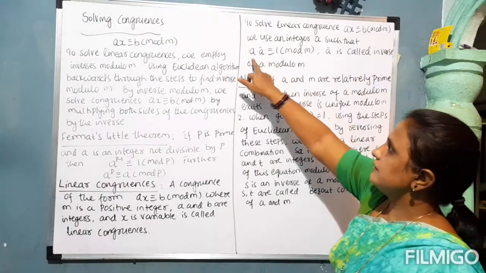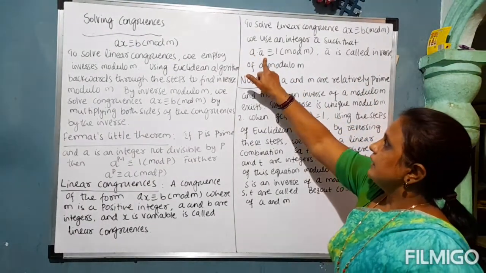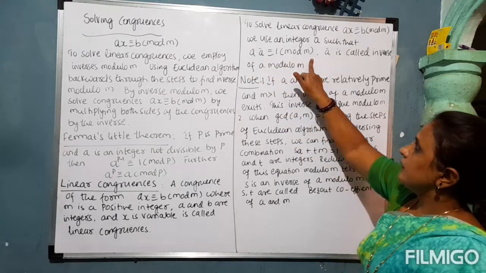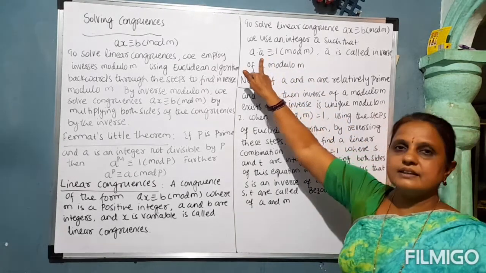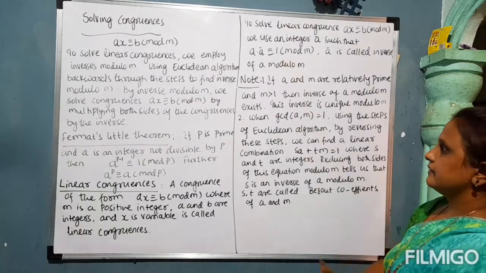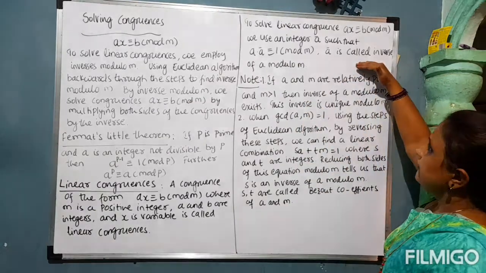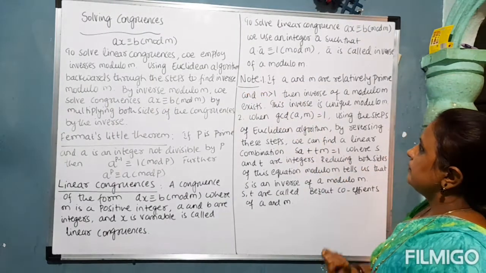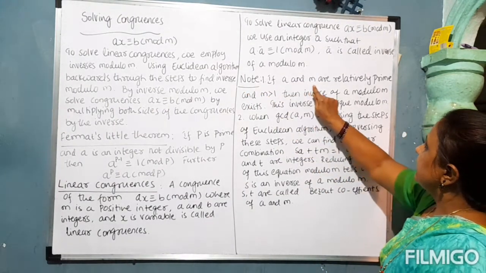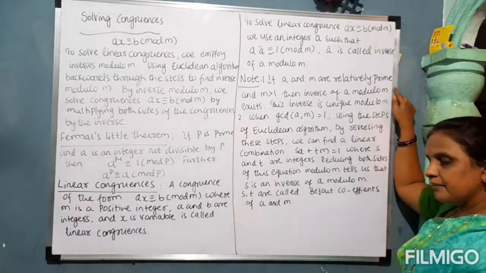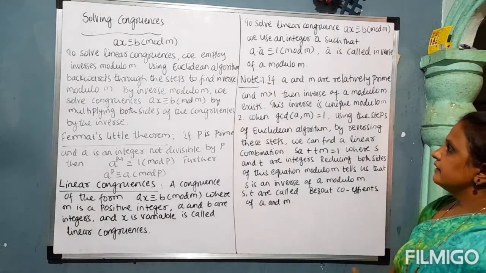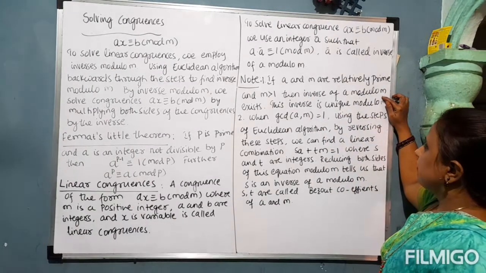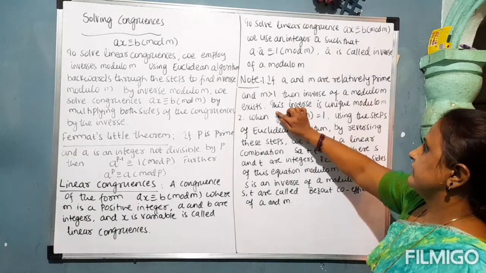Generally, inverse means a times a bar is congruent to 1 mod m, and this a bar is called the inverse. When we have ax congruent to b mod m, if a and m are relatively prime and m is greater than 1, then the inverse of a modulo m exists.